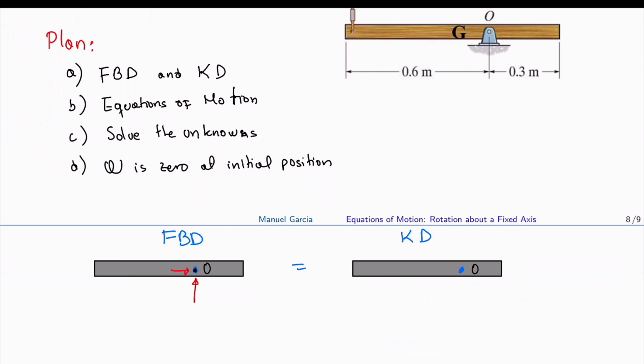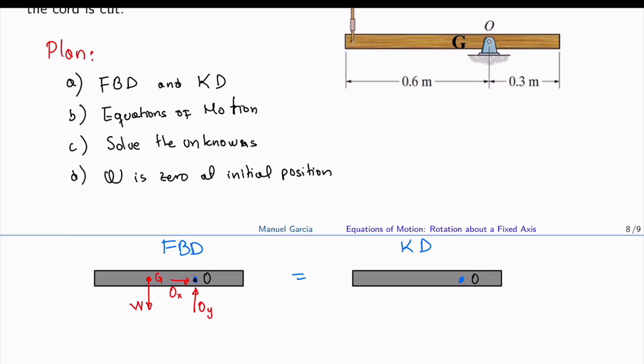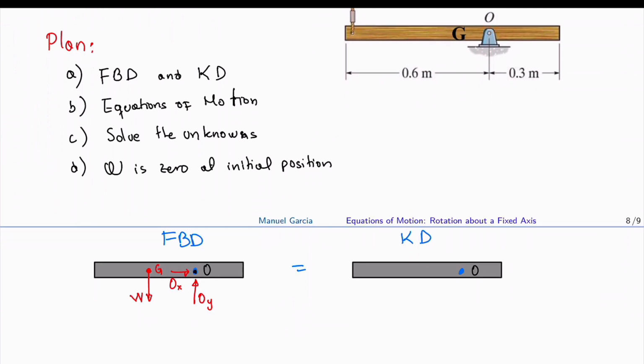We call this Ox and this Oy. Do we have any other force on this side? We have the weight. Let me put the G point, and the weight, which should be downwards. We don't have any other force because the rope was cut, so there is no force at that moment. So what are the kinetic components? Well, we have the acceleration.